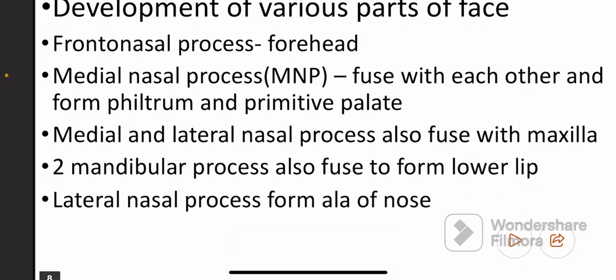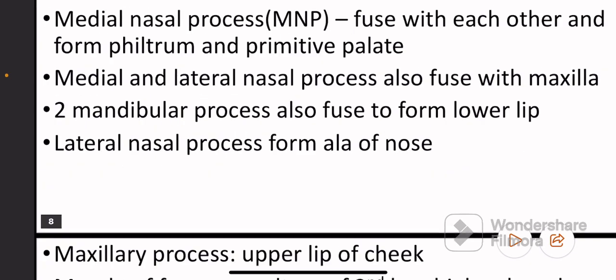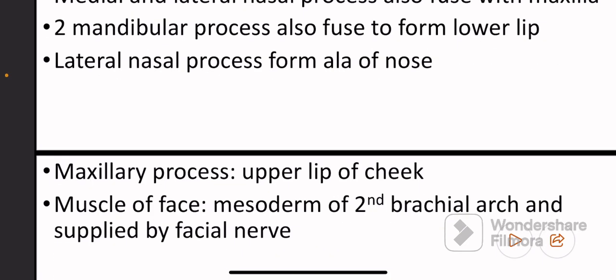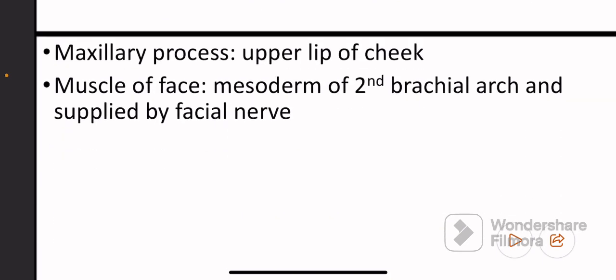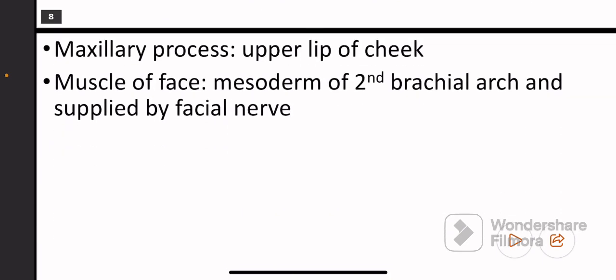The lateral nasal process forms the ala of the nose, while the maxillary process forms the upper part of the cheek, that is the upper jaw. Then the muscles of the face are derived from the mesoderm of the second branchial or pharyngeal arch, and the second pharyngeal arch is supplied by the facial nerve. Therefore, mostly the muscles of the face are supplied by the facial nerve.